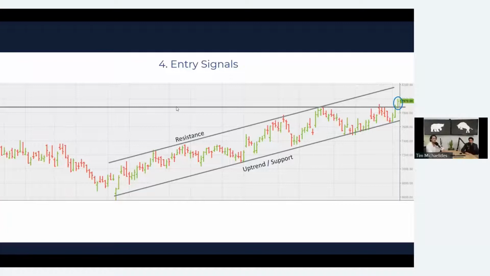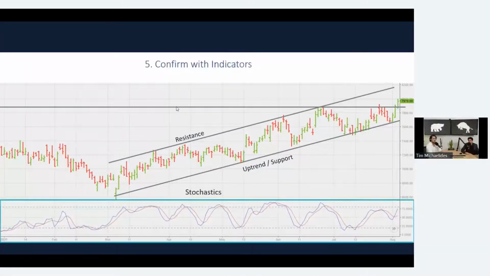All right. Finally, and this is the last step, and it's really important to understand why this is the last step: we find that beginners, even after a bit of experience, can lead their analysis with indicators. I say this every time I teach indicators: always leave them to the end of your analysis.